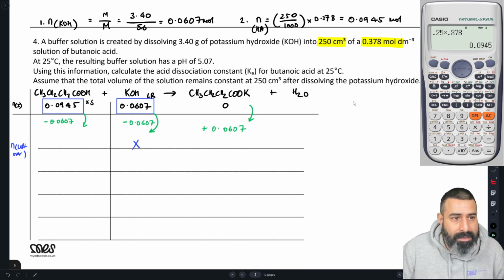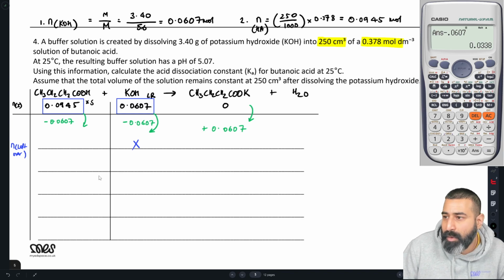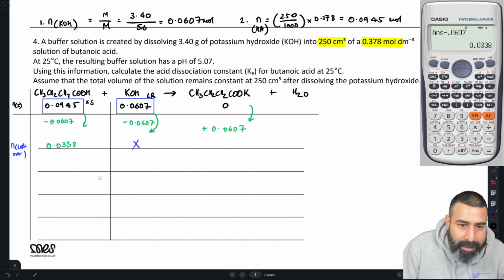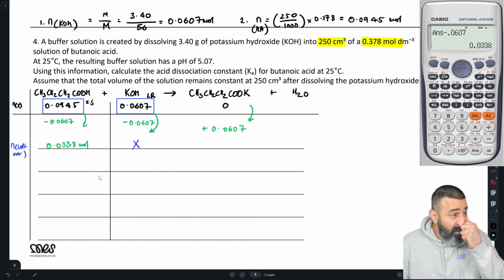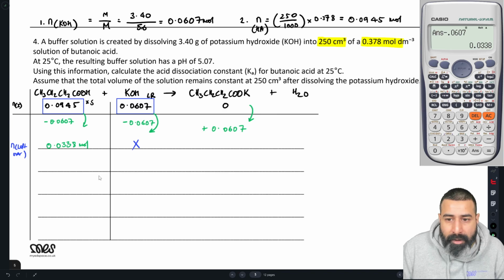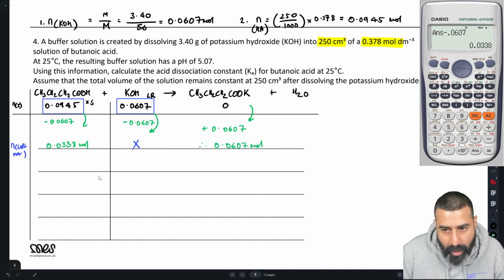All right, so let's just process this. 0.0945 take away 0.0607 gives me the number of moles left over, which is 0.0338 mole. That's the number of moles of weak acid left over. Okay, well, the number of moles of potassium salt that we're making is 0 plus this number, so therefore 0.0607 mole.